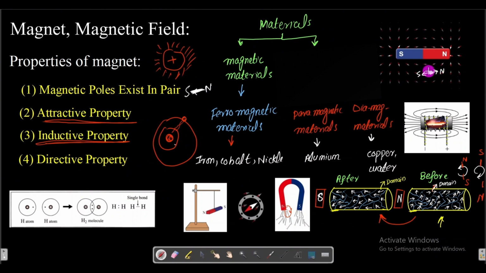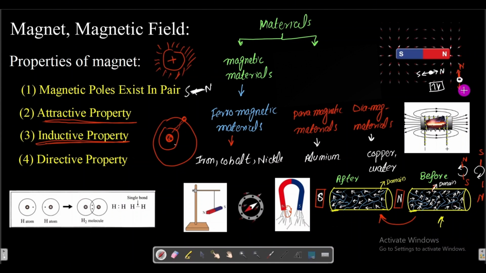And if we go toward the atomic level, inside the orbital, the orbital also has electrons with opposite spin. Due to the spinning of the electron, there will be a magnetic field. So one side is north and the other side is south around the spinning electron. We call this the spin quantum number.